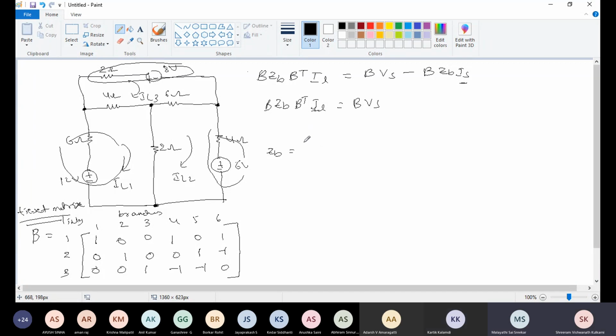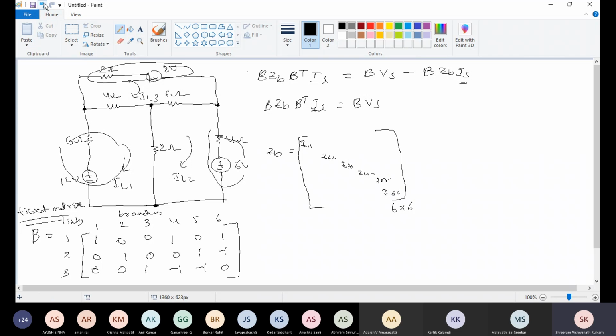Six branches means ZB will be a 6 by 6 square matrix, with Z11, Z22, Z33, Z44, Z55, Z66 on the diagonal and the rest all 0. My ZB is the diagonal matrix of branch by branch, meaning 6 by 6.